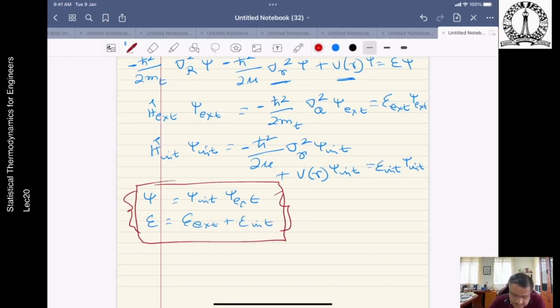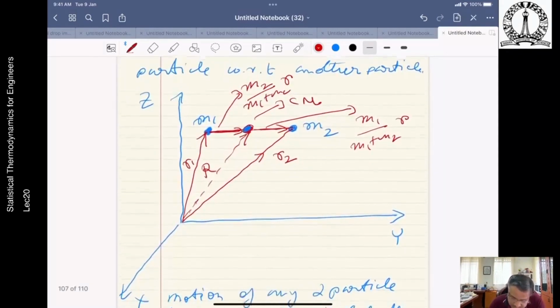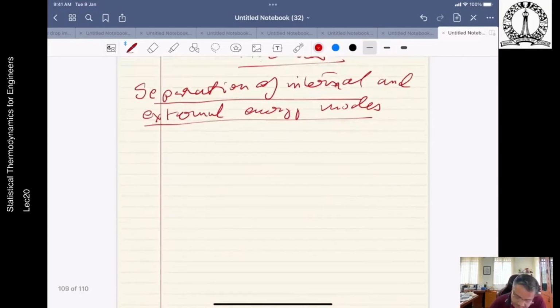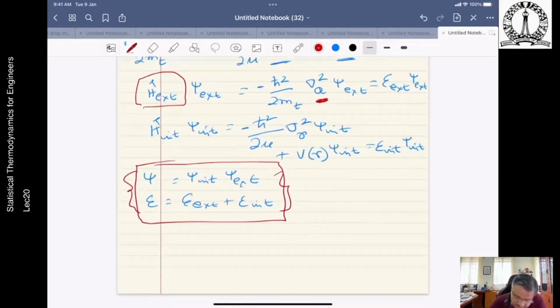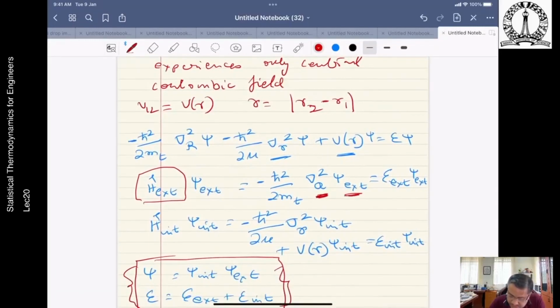So what we did was that this is the Hamiltonian for the external wave function, which is given by, you remember your R. Go back to the slides. R was the center of mass. So it is like the movement of the center of mass, so to say. So that takes care of the external, and the total energy is like this.